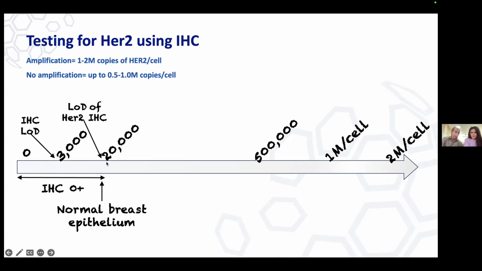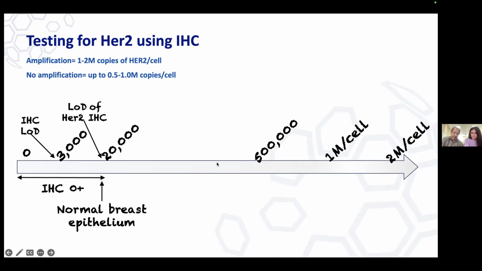But our clinical immunohistochemical test for HER2 is geared to not show anything below 20,000 copies per cell. This is the rough number for the normal cell. Normal breast epithelium has HER2, but with our HER2 test, we say it doesn't stain, or it may stain very faintly or on and off.